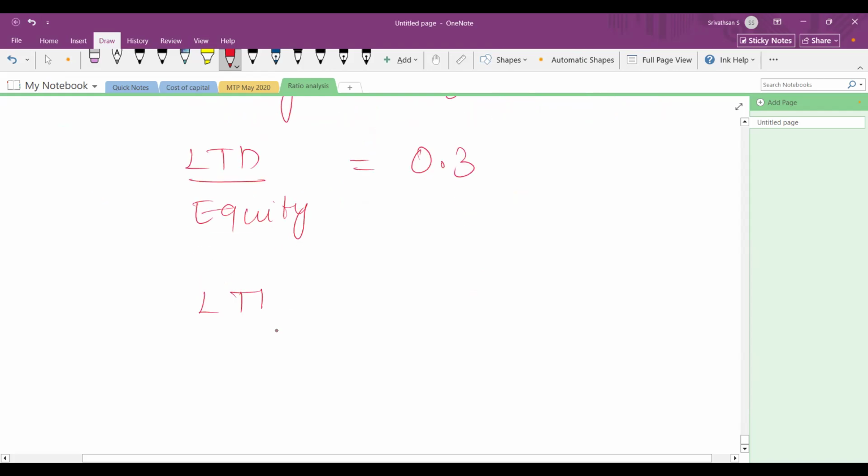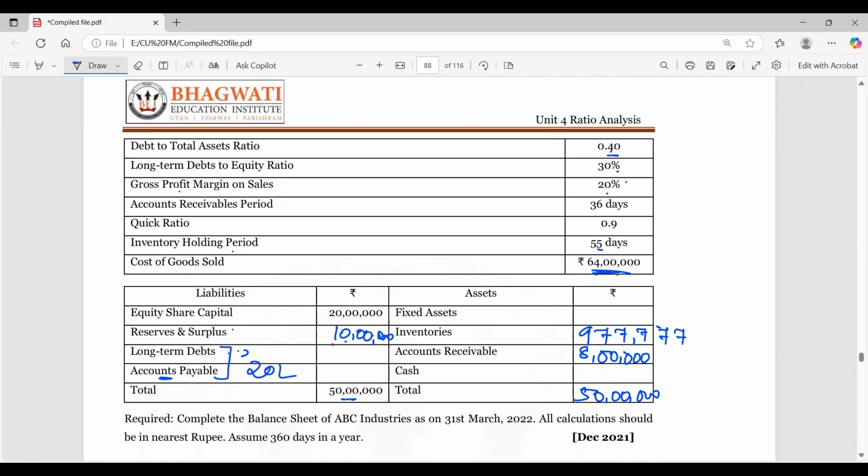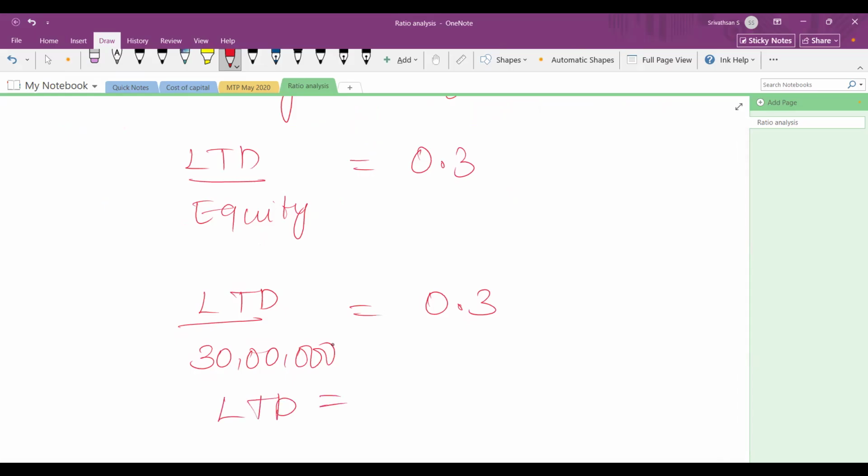So long-term debt, we don't know. Equity, how much? 30 lakh, is equal to 0.3. Did you all understand how equity is 30 lakh? 20 lakh of share capital plus 10 lakh of reserves and surplus. So long-term debt is equal to 9 lakh rupees. Clear to everyone?